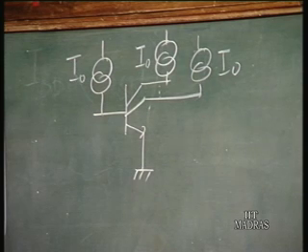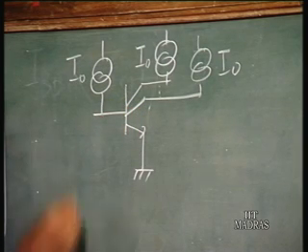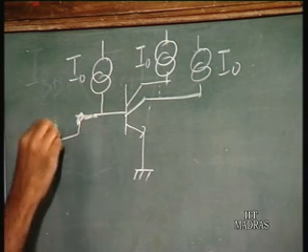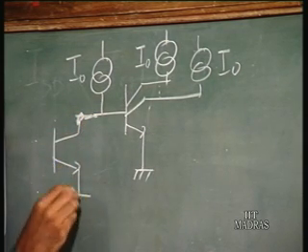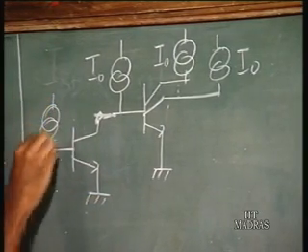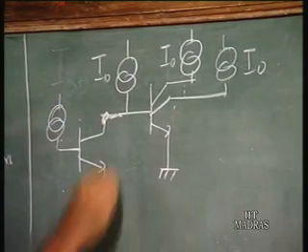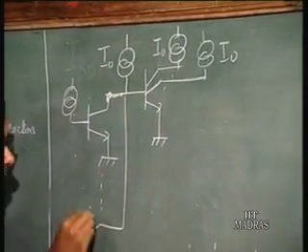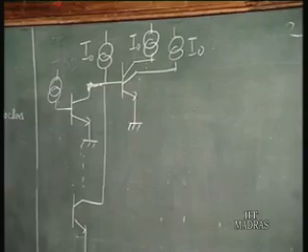Now, suppose this transistor is off, which means that at this base node you have transistors connected here, which again have current sources at their base, and there may be m such transistors.